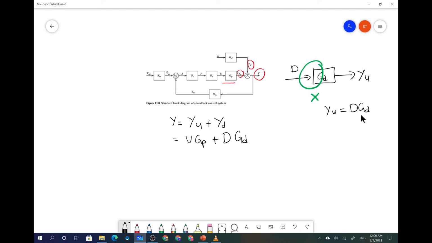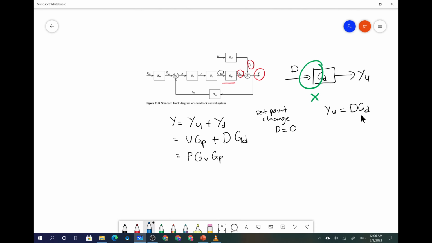Let us continue. What do we have for u here? u is equal to p times Gv and Gp. One thing that I forgot: for the set point change case, d is equal to 0.